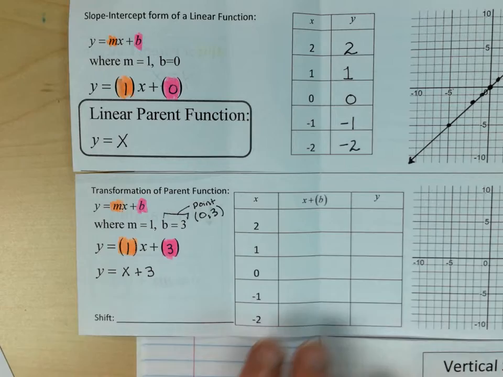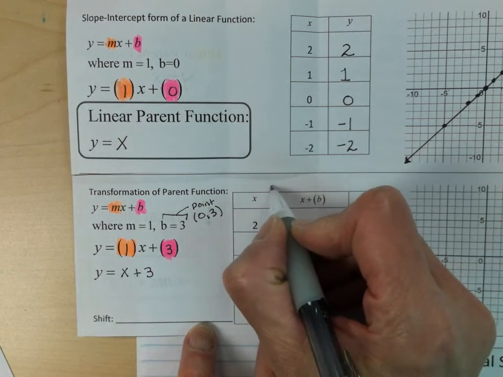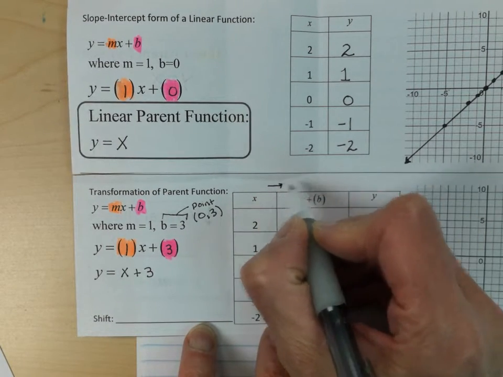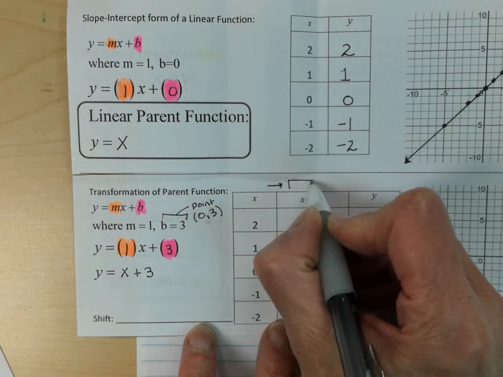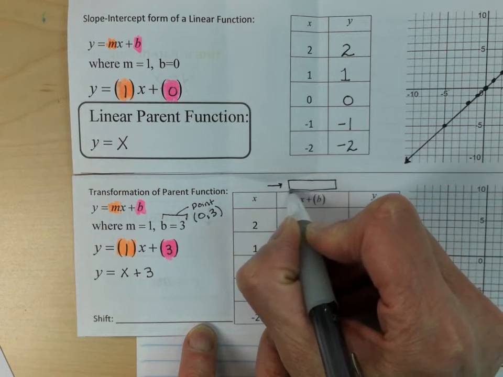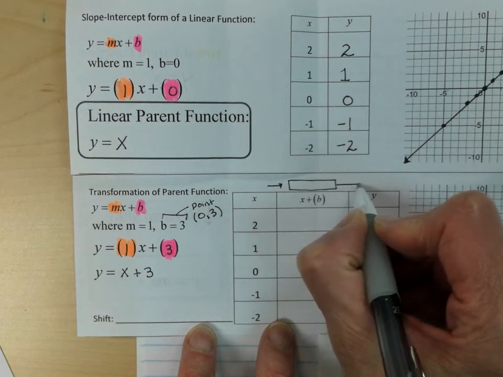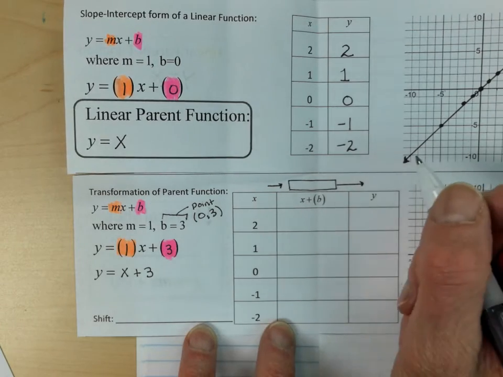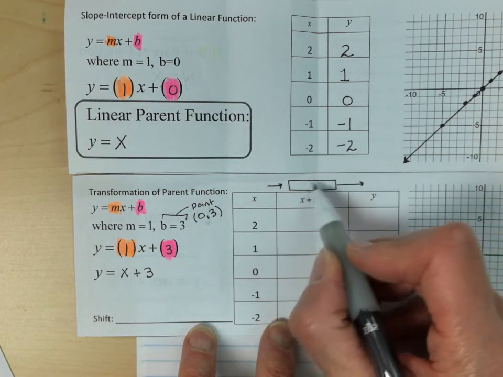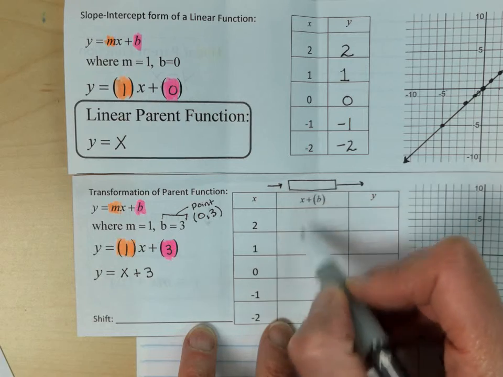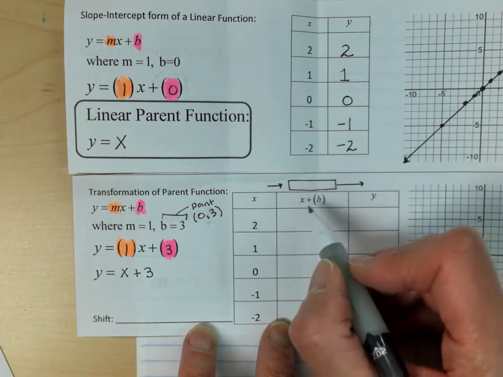So think of this as a function machine. So something is going in, it's going into that function machine, and then something is coming out. So the calculator doesn't show us what it's doing, but this is like inside your calculator.